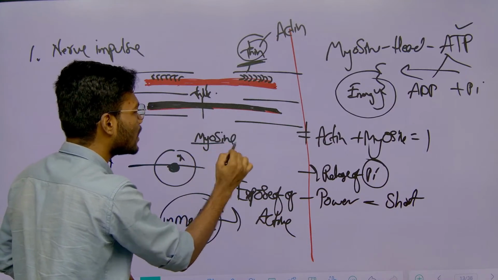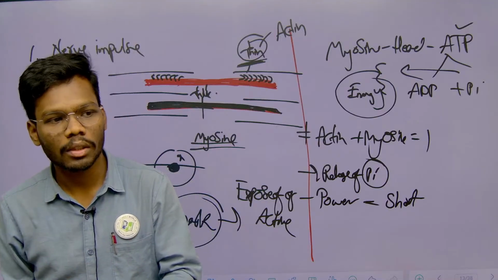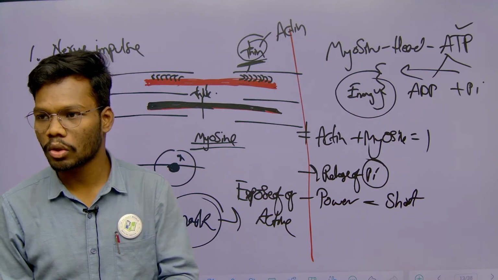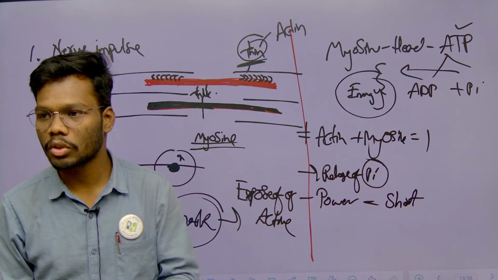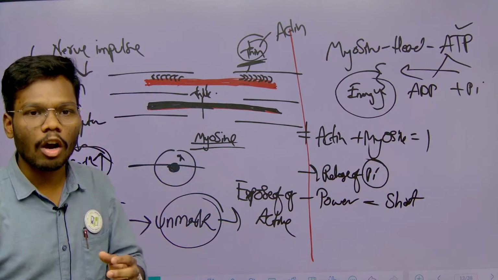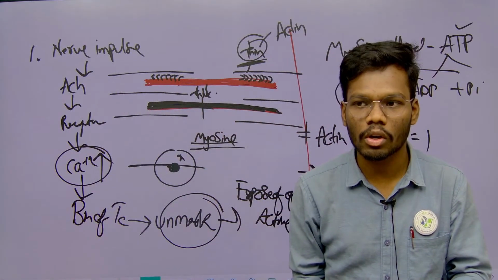Sometimes in the exam they will give actin filaments sliding over myosin filaments. This is also true. Sometimes they will give the opposite, thick filaments sliding over thin filaments. No, this is not wrong.